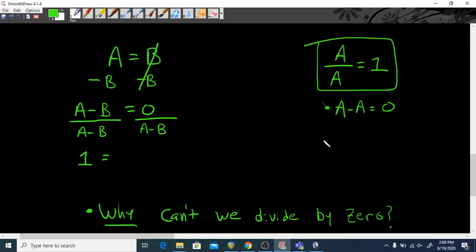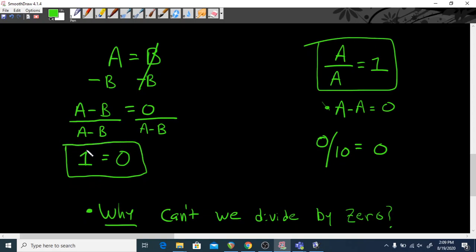If you've ever gotten a test or a quiz or an assignment where you did really badly, you got a 0 out of 10, for example, 0 out of 10 is 0. 0 over any number is 0. So we wind up at this place where we have 1 equals 0.